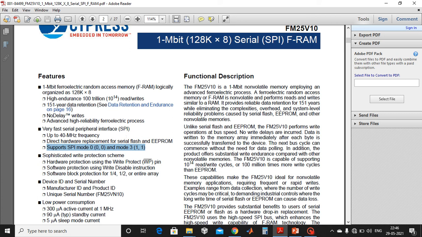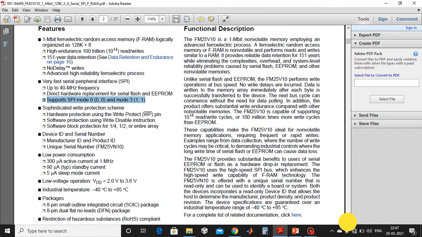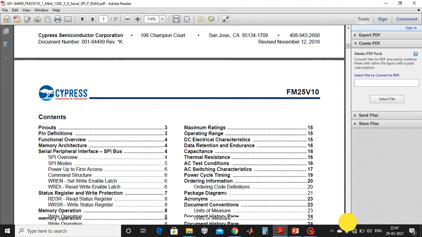So I request all of you to at least go through the timing diagrams before working on any application which is supporting the SPI protocol. Do not assume that this information is correct. Go through the datasheet of the device, go through the timing diagrams, and from the timing diagrams try to figure out the clock polarity and clock phase of our device. So let's go to the timing diagram of this device.